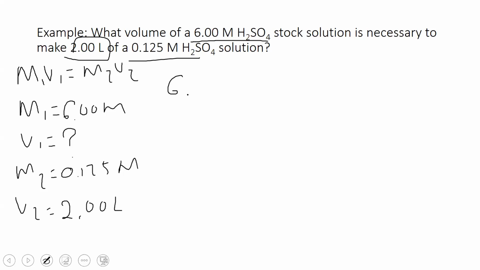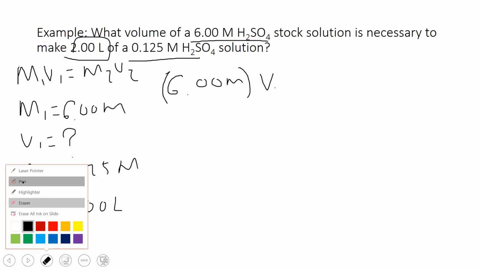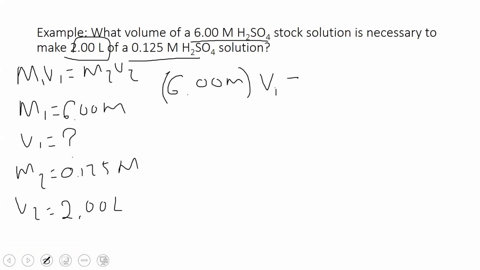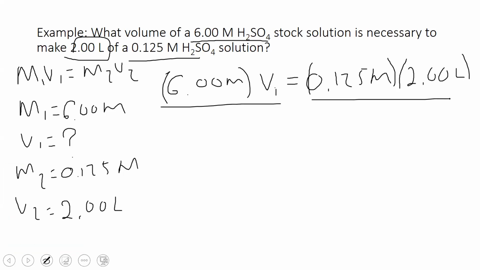And then we again plug these in and solve. So 6 molar times V1 is equal to 0.125 molar times V2, which is 2 liters. And we just divide by the concentration, 6.00 molar.